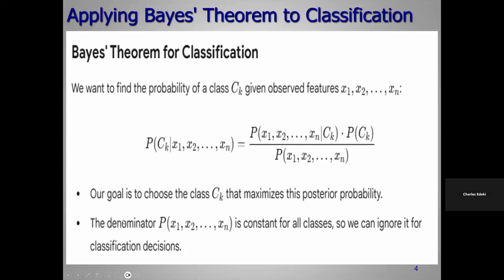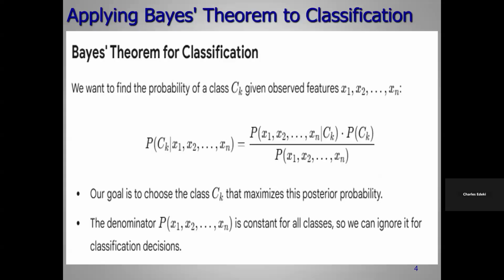As we said earlier, the probability of C_k given S1 to Sn, from the previous slide, will be the posterior probability. Then the probability of S1 to Sn given C_k will be the likelihood, as we have seen before, probability of A given B. Then the probability of C_k will be the prior.